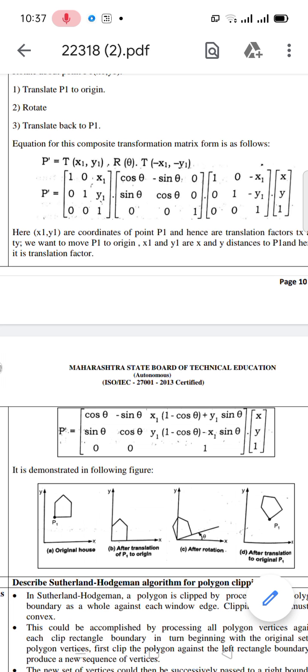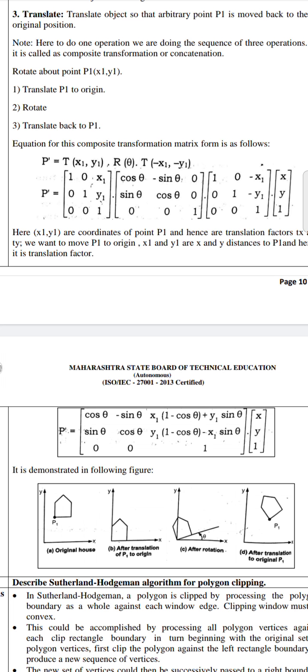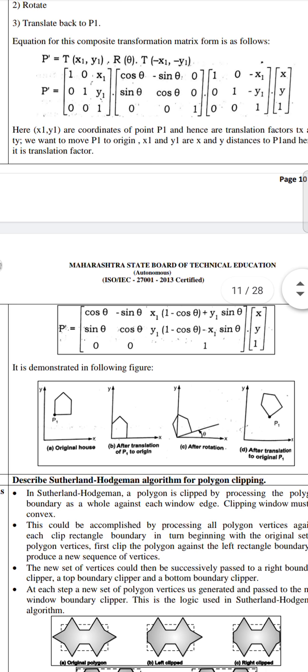And here we have the coordinates of a point, that is x, y and 1. When you multiply all four matrices, the first matrix has degree 3 by 3, the second is 3 by 3, the third is 3 by 3, but the last matrix has degree 3 by 1. So we can multiply them in this order, and you will get the new coordinates.